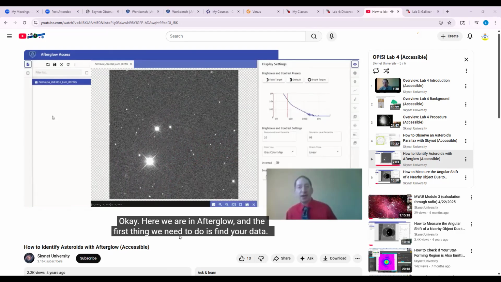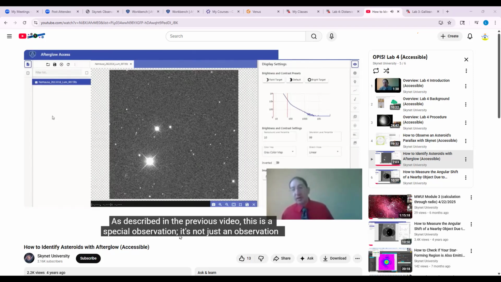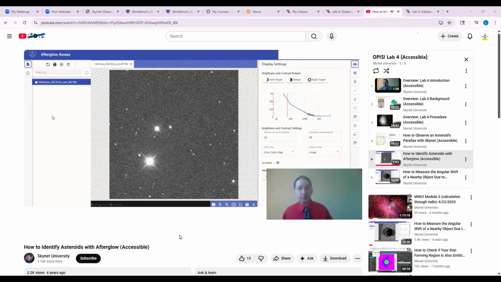Okay, here we are in Afterglow, and the first thing we need to do is find your data. As described in the previous video, this is a special observation. It's not just an observation of an asteroid, but two simultaneously acquired observations of this asteroid: one using a telescope in the southern hemisphere, and one using a telescope in the northern hemisphere.